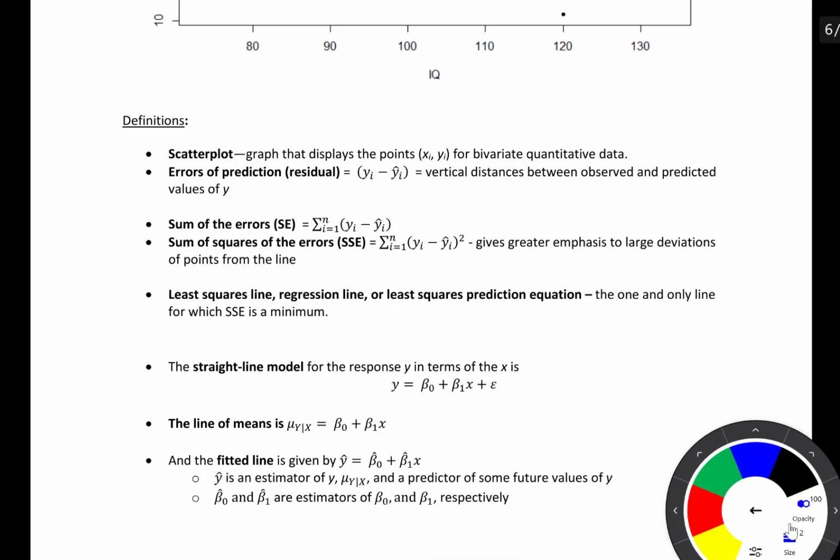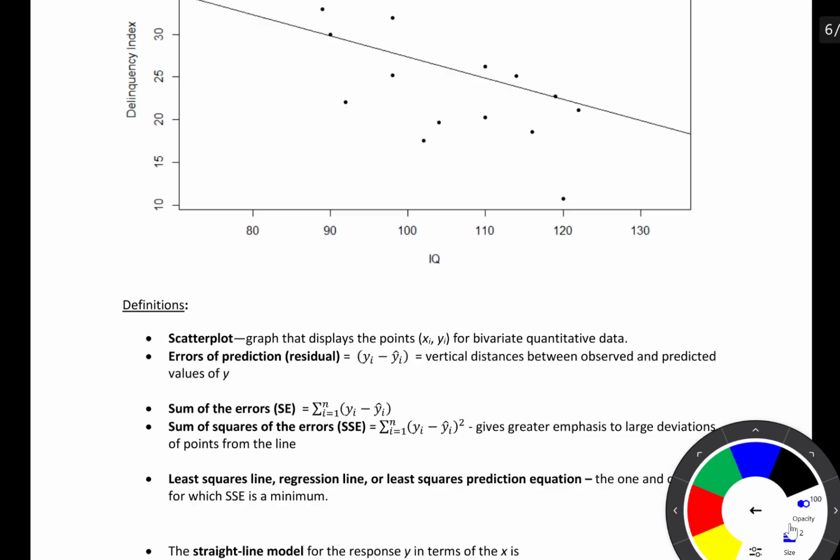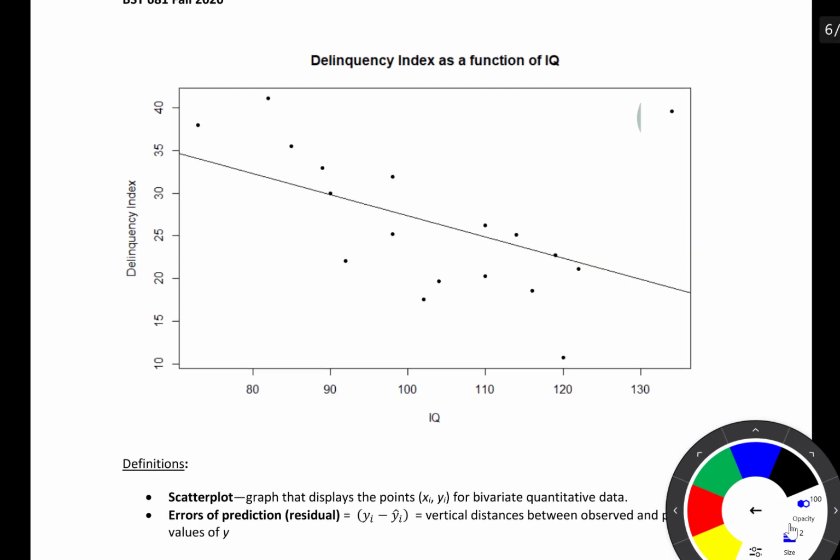So let's go up here and look at our scatter plot and see what that would look like. Right here, the line that is on this scatter plot is not our model. This line is what we call our fitted line. And we denote our fitted line by y hat is equal to beta hat naught plus beta hat 1 x.